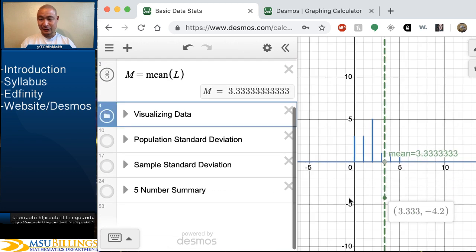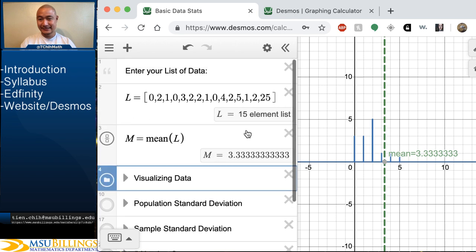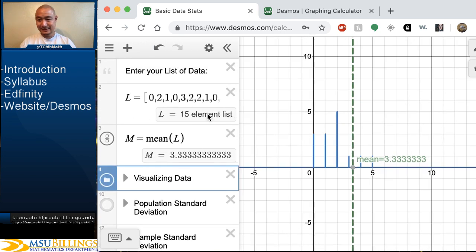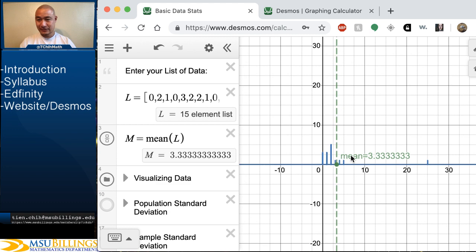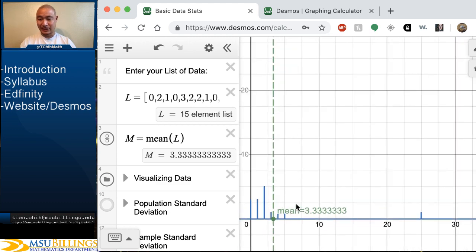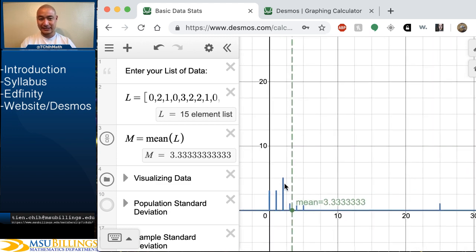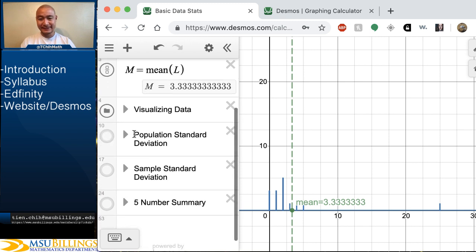All right, and so if we go ahead and look at what our histogram looks like, we get most of our clustering of data here, and then this data point here. And so we have our mean here of 3.3333.